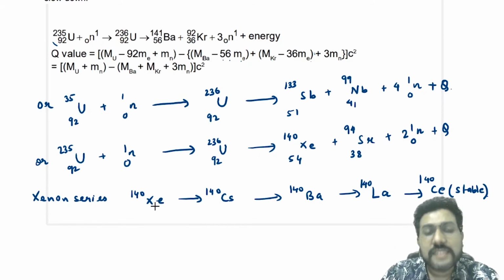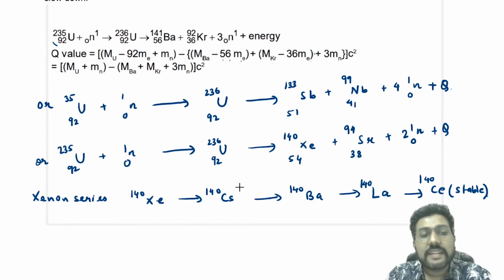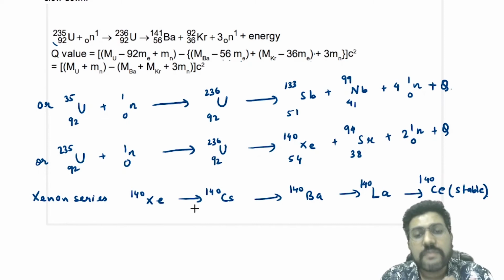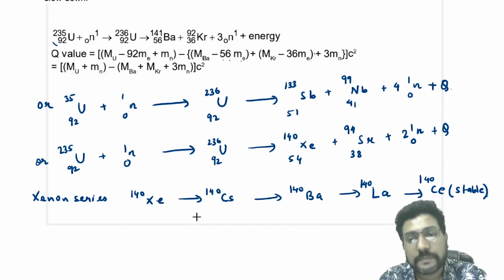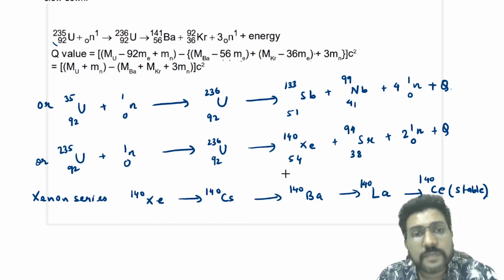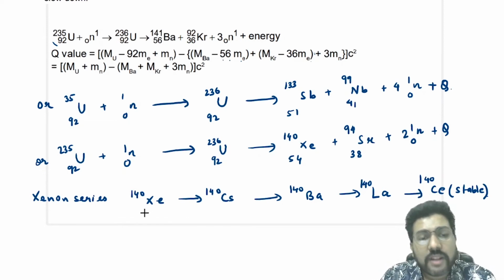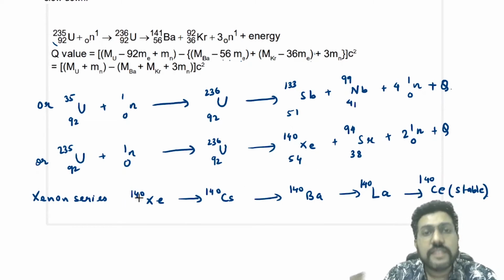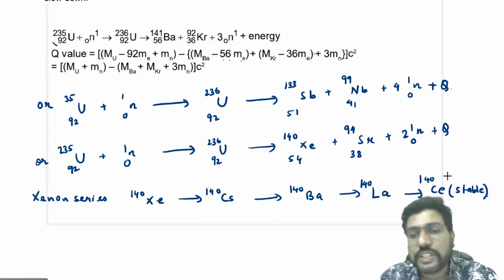So first the xenon converts to cesium, then it converts to barium, then it converts to lanthanum, and finally it converts to cerium. Okay, which is stable. So xenon to cesium to barium to lanthanum to cerium. Okay, the atomic mass number does not change, but the charge number or the proton number or the atomic number increases by 1 every time. Okay, so this is the xenon series. Xenon finally decays to cerium.